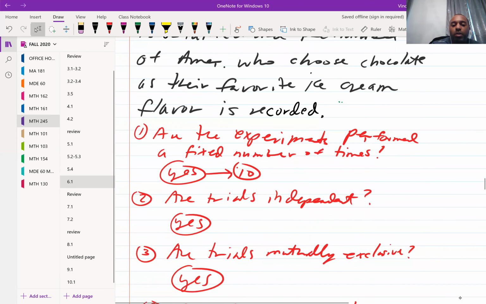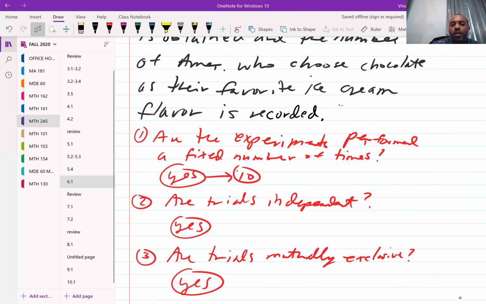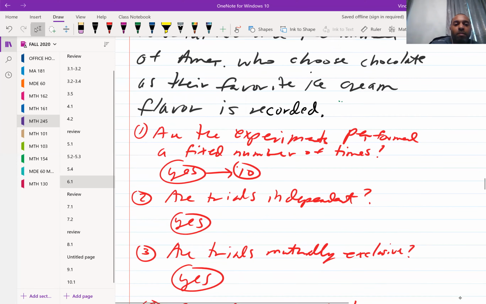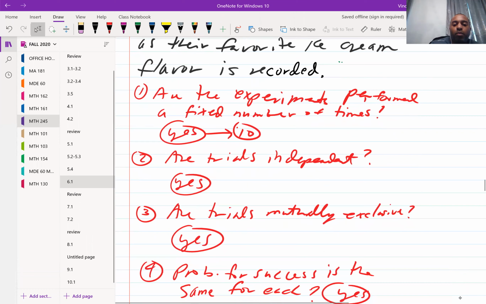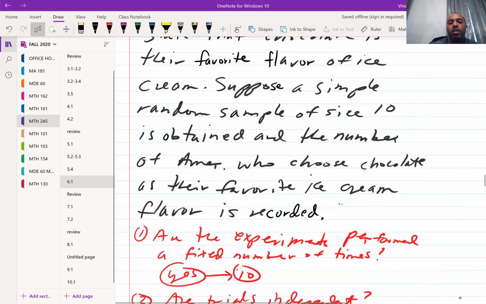Are the trials mutually exclusive? The answer is yes. Somebody being a chocolate lover has nothing to do with the next person being a chocolate lover or vice versa. Is the probability of success the same for each? The answer is yes. It's going to be a 28% chance because it's based on the population poll. I believe it was Americans, right?